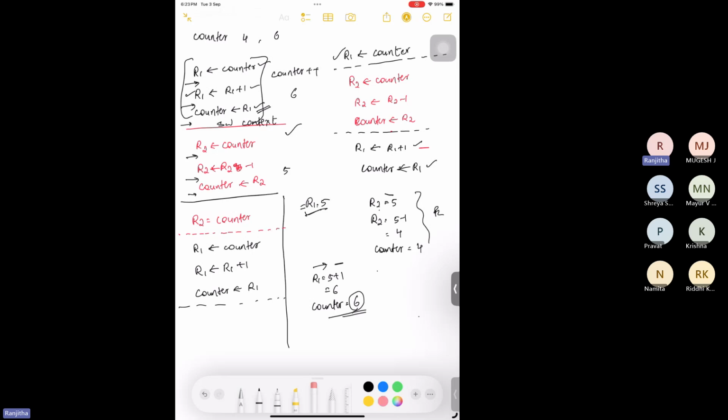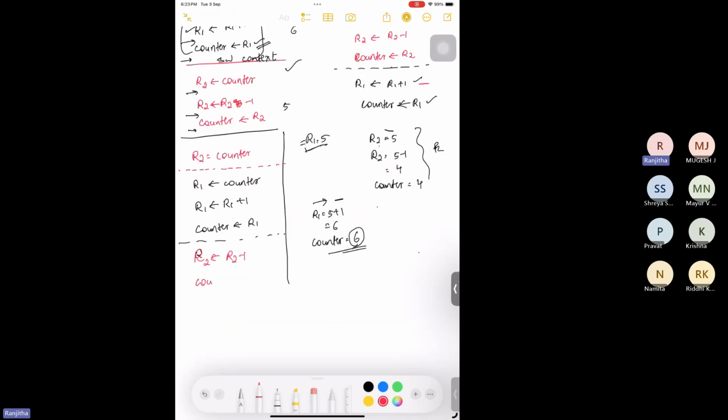So sorry, R2 equal to R2 minus 1, and counter equal to R1. Okay. Now in this scenario, if we see here, initially we had R2 equal to 5.